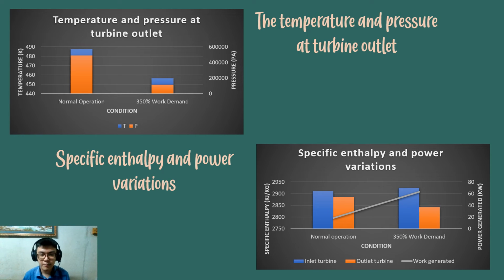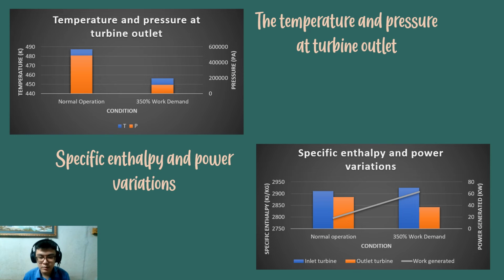Moving on to the temperature and pressure at turbine outlet. As you can see from the graph, the temperature and pressure at turbine outlet for 350% work demand is lower than normal operation. For the specific enthalpy and power variations, we can see that the 350% work demand has a larger enthalpy difference than normal operation.